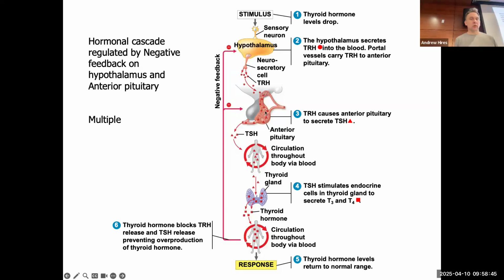Okay, so multiple spots of negative feedback and also multiple locations where the signaling cascade could go wrong, right? And due to the complexity of this cascade, we can diagnose how things are going wrong, how a particular disease is being manifest via blood tests for levels of TRH, of TSH, and for T3, T4.